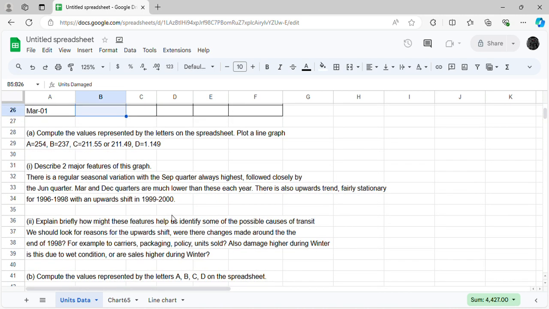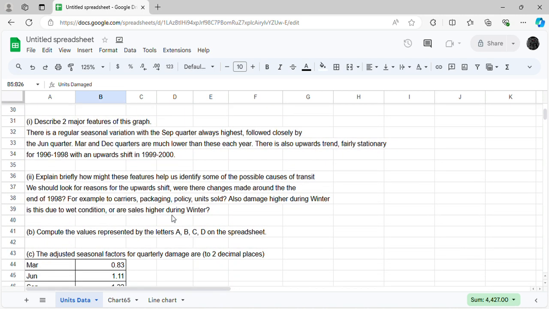Explain briefly how these features might help us identify some of the possible causes of damage in transit. We should look for reasons for the upward shift, where there are changes made around the end of 1998. For example, carriers, packaging, policy, units sold.